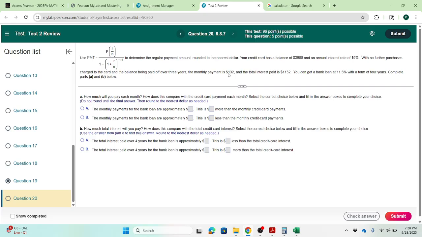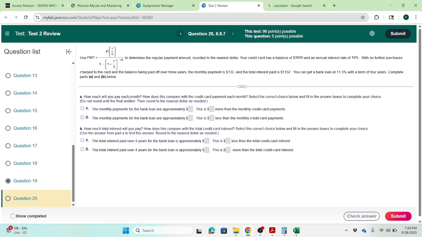Okay, there are two situations. One is a 3600 balance, interest 19%, and for that you have to do the monthly payment $132 and you pay interest $1152. So now there is a loan, you can get a bank loan to make the payment for that one with the interest rate 11.5% with a term of 4 years.